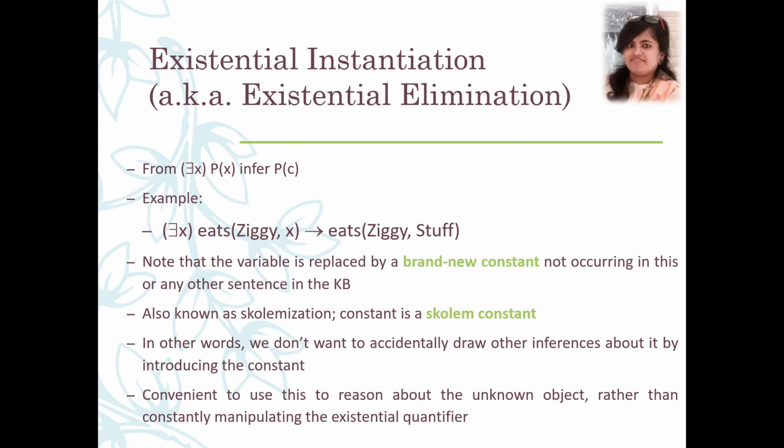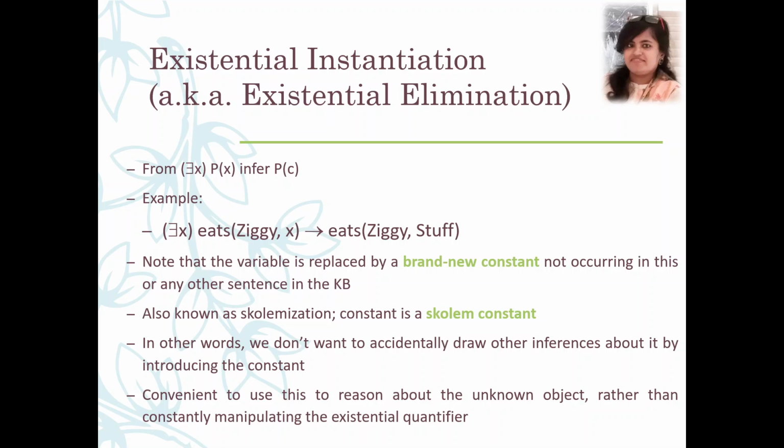Existential instantiation, also known as existential elimination. From for some x, p(x), we can infer p(s). See, that is the example: for some x, eats(Jiggy, x). So that means Jiggy eats some stuff. Note that the variable is replaced by a brand new constant not occurring in this or any other sentence in the knowledge base, the KB.